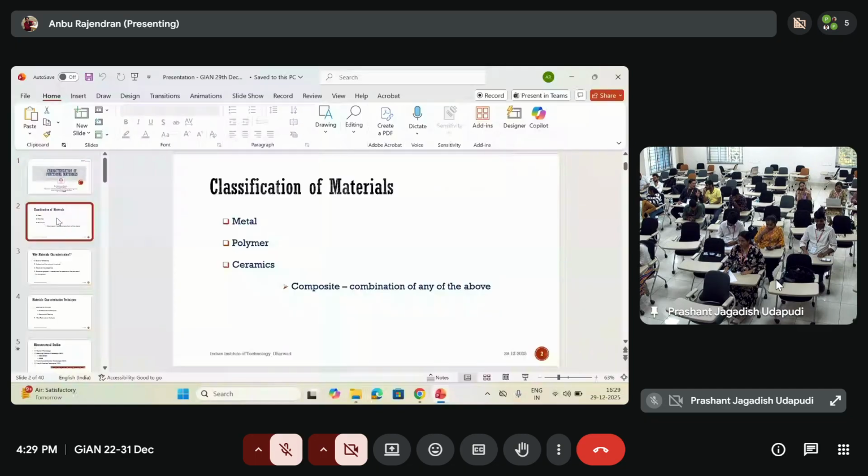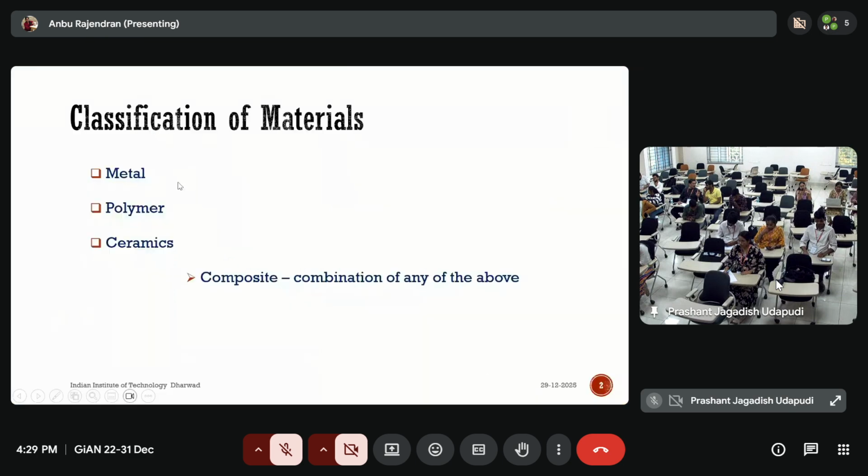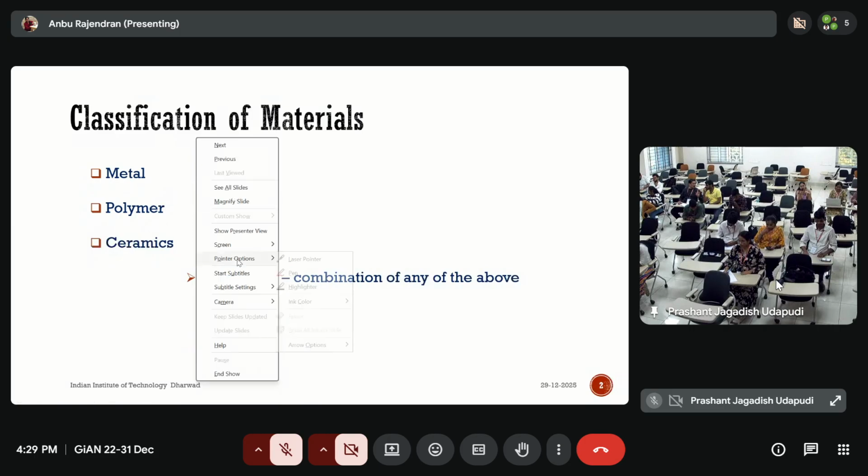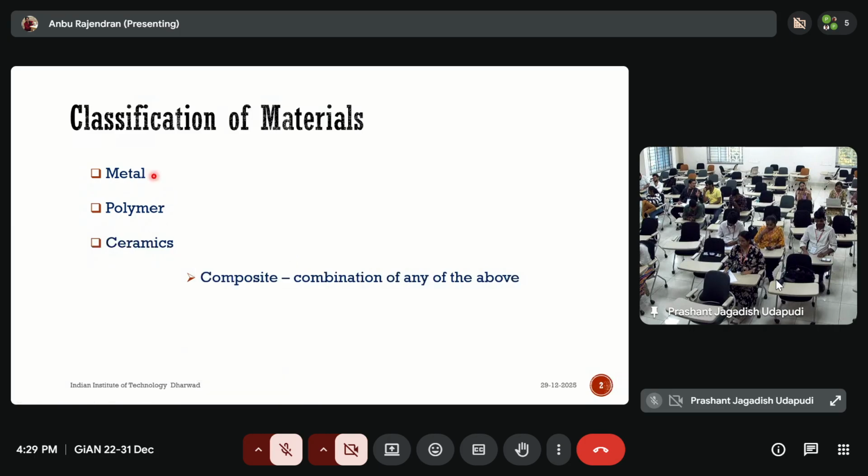Let me give what the materials are. Materials can generally be classified into three types. One is metal, another one is polymer, and the third one is ceramics. These are the categories. Any material can be grouped under these three major classifications.